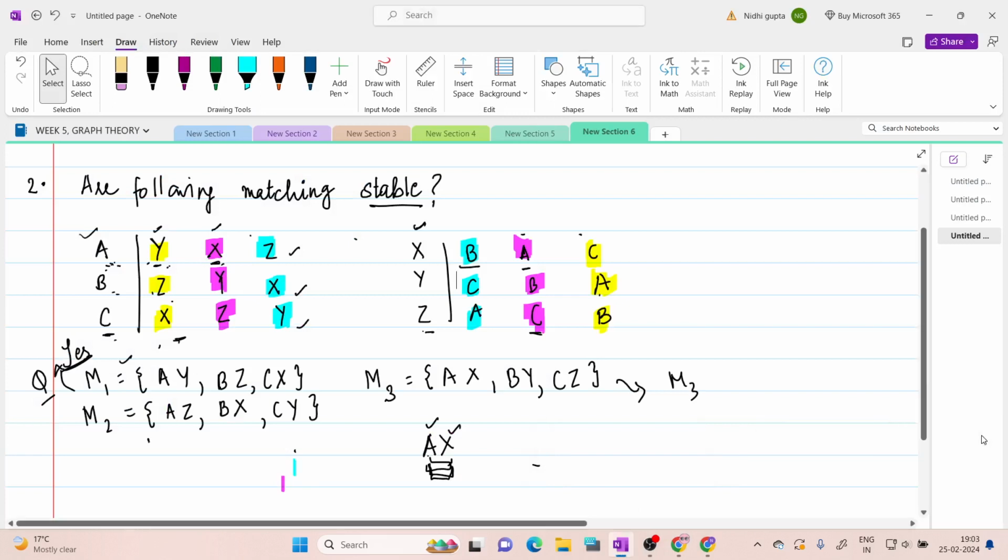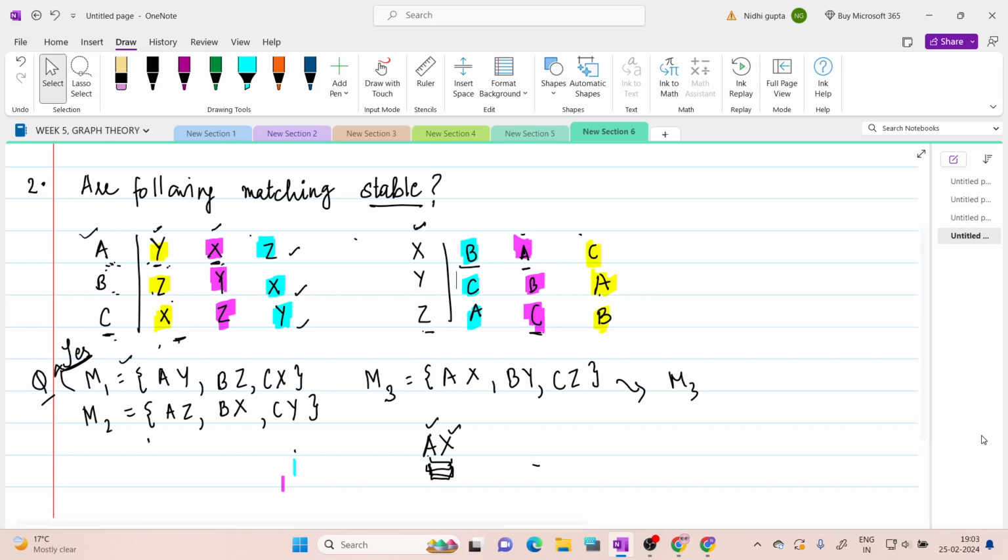If we are checking from the capital A, B, C side, we have to see from that side whether this is stable or not. This question just says, is this matching stable? If the question had said ABC are men, and asked whether it is ABC-oriented stable, your answer would have been correct.